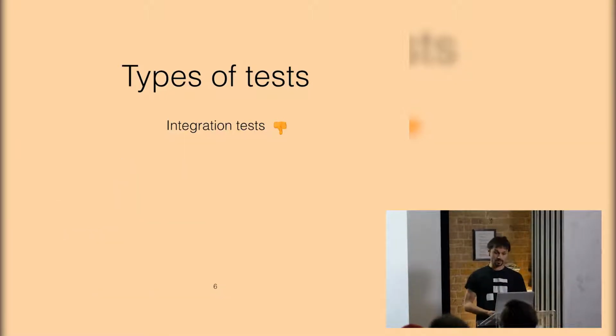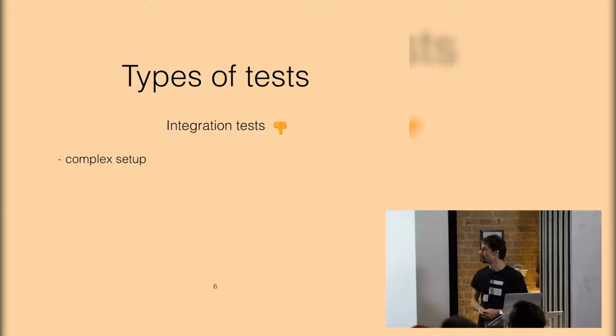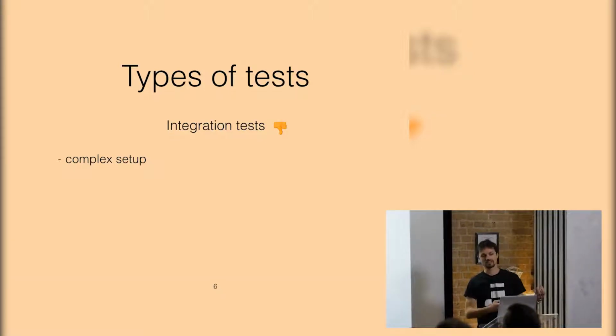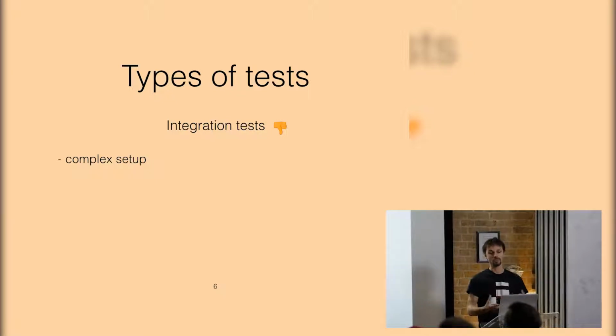And the not so good things about integration tests are that they're very complex to set up. Systems normally include databases and some session state and what have you. And to recreate a particular test in a particular place of an application, sometimes it can be really hard. They are slow.